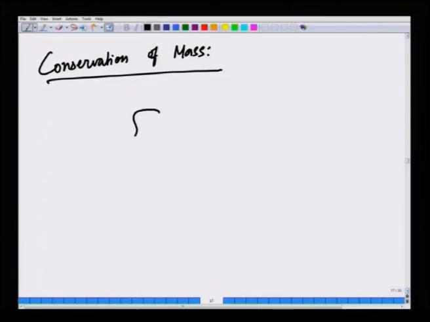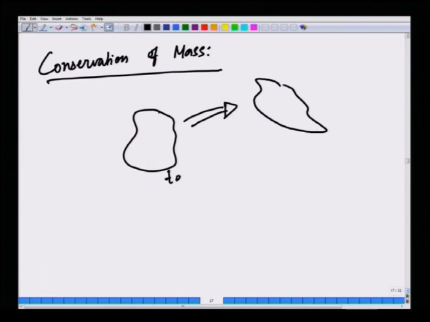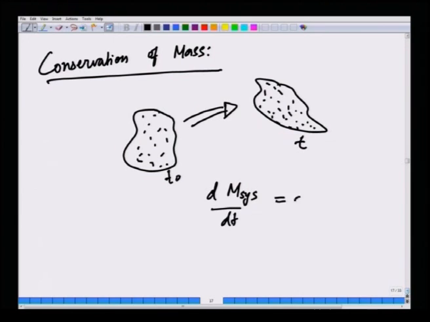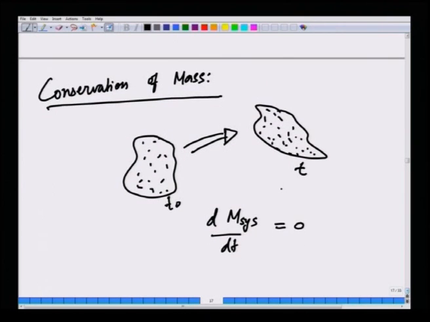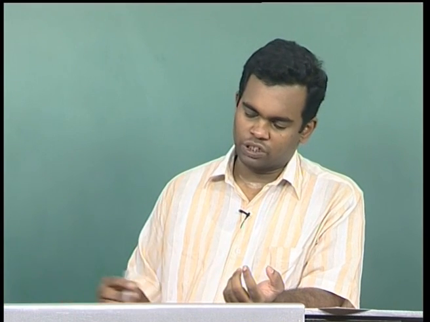When we apply this to a system, suppose you follow a system or a control mass at time t0 and at a later time it may undergo a change like this, but you are following the same set of mass points, because that is the definition of a control mass, that is, you are following the same identical set of fluid particles or material particles. So, by definition the rate of change of mass of this system is 0, because we are following the same set of mass points as we follow the material volume, or the control mass.